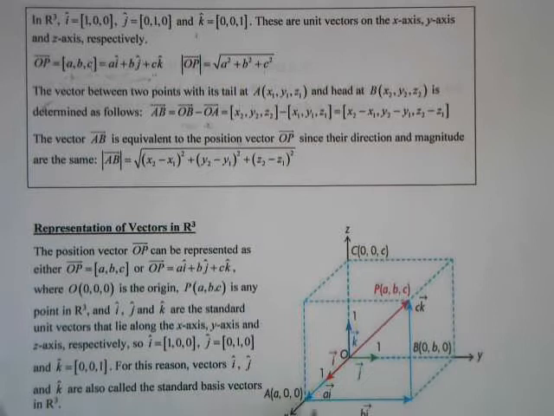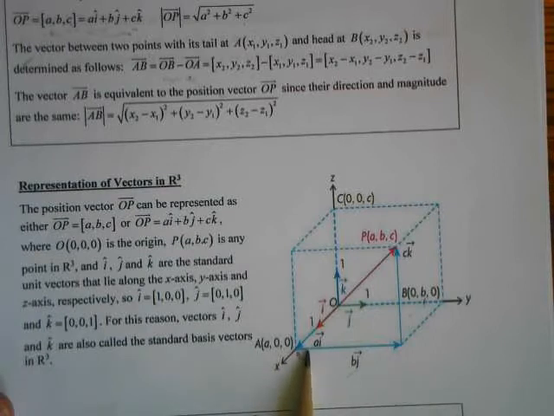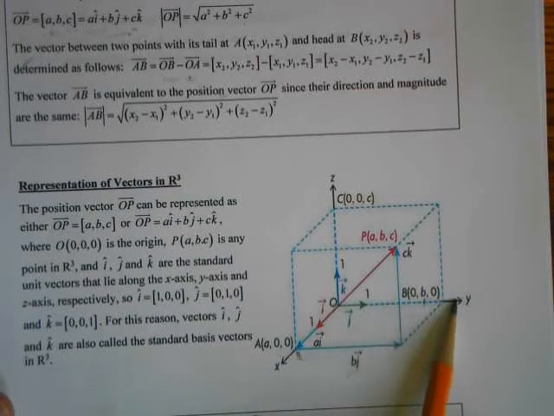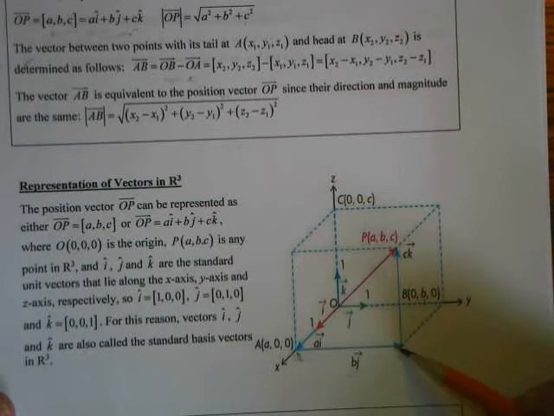I stop, so that would be the point, whatever a is, (a, 0, 0), and then I look at the second value, the y coordinate, which in this case is b. So I move b units in a line that's parallel to the y-axis from where I left off, and the length of that line would be b units. I stop right here.